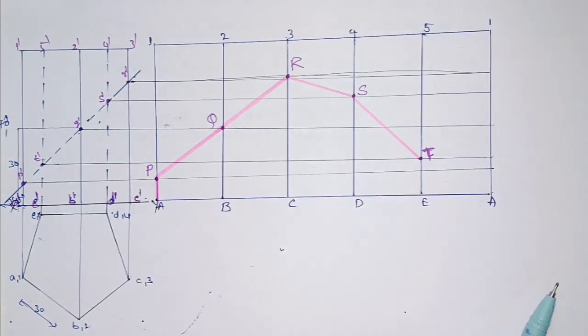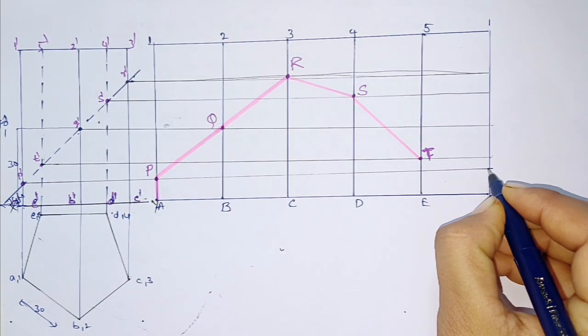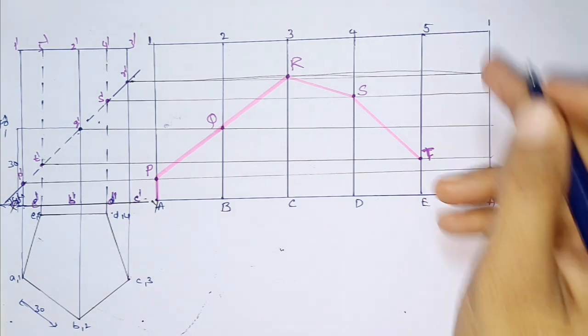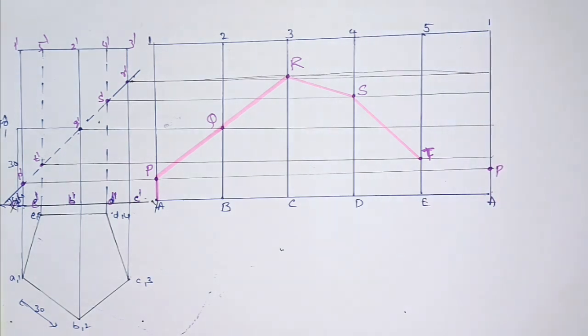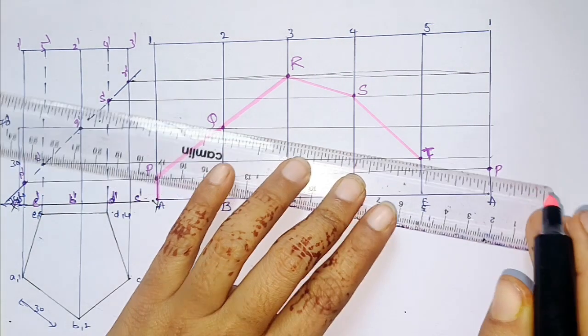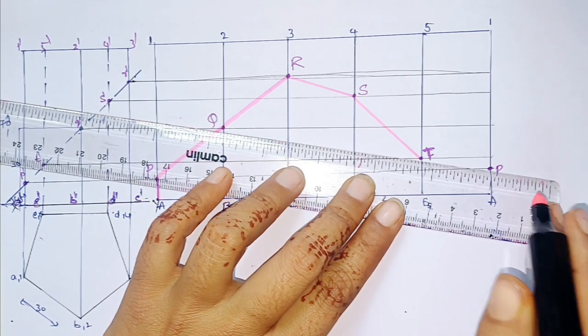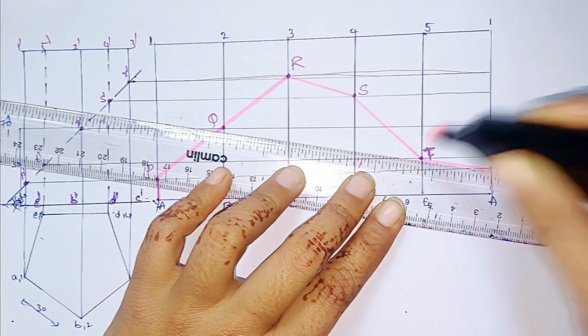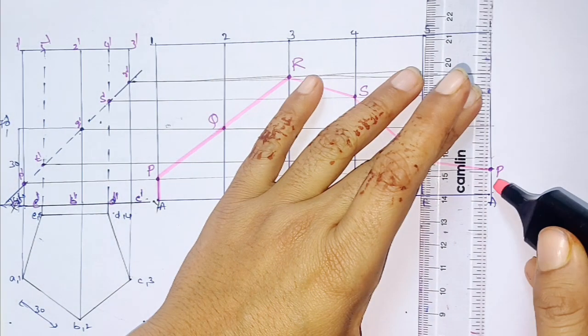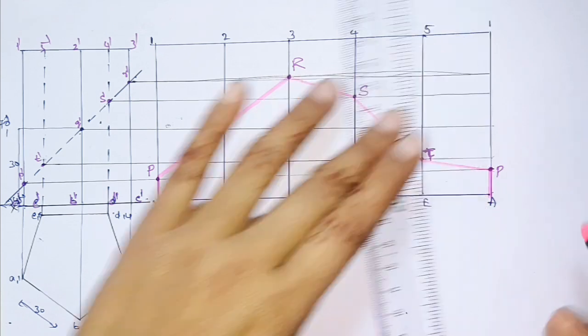I forgot the P. Here also P because of 1 and A. This one also P, so don't make the same mistakes. And this one is P. And next P to A.